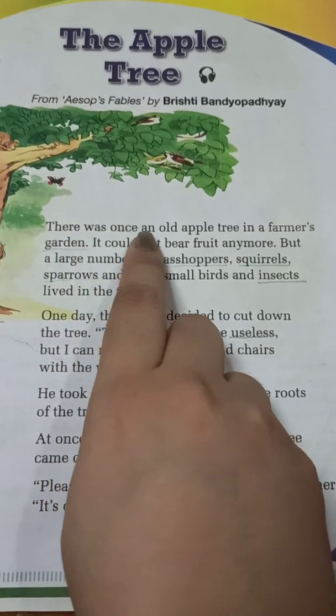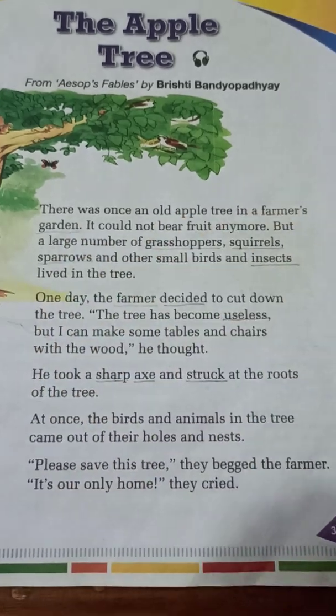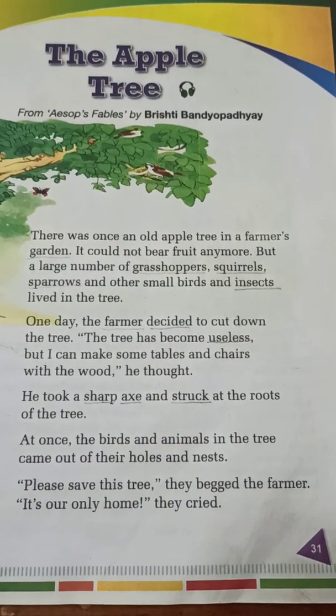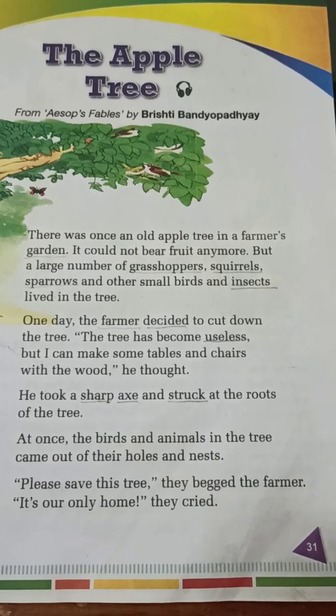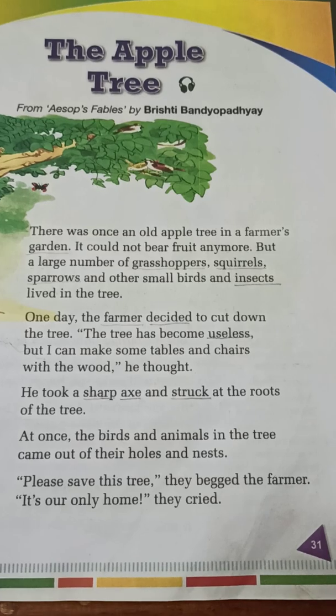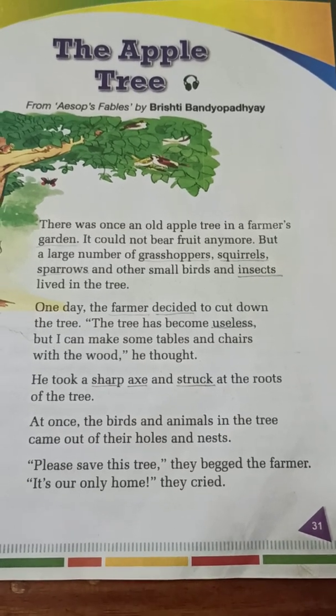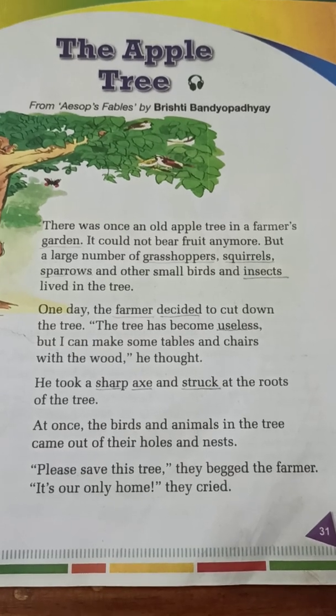There was once an old apple tree in a farmer's garden. What do you mean by farmer? Do you all know who a farmer is? A farmer is a person who owns or has a farm.